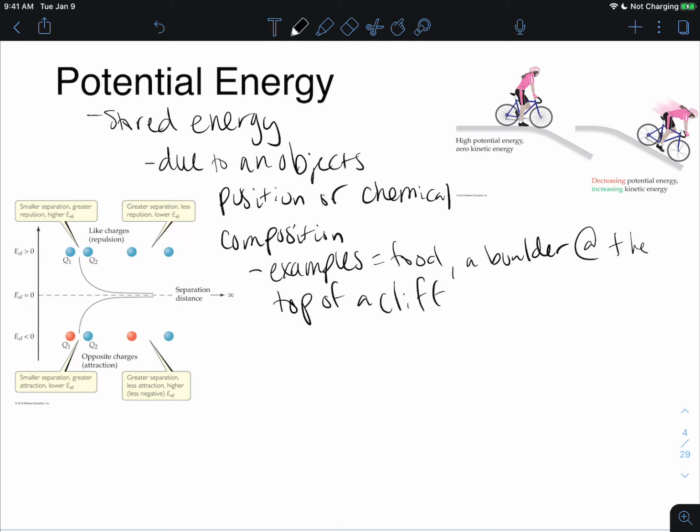Okay, and then one of the most important types of potential energy that we look at is electrostatic potential energy. So here we have two charged particles that are going to be some distance apart.